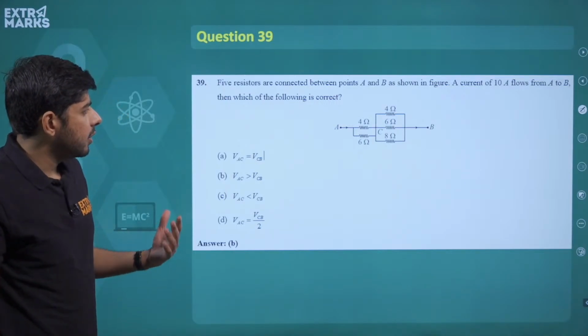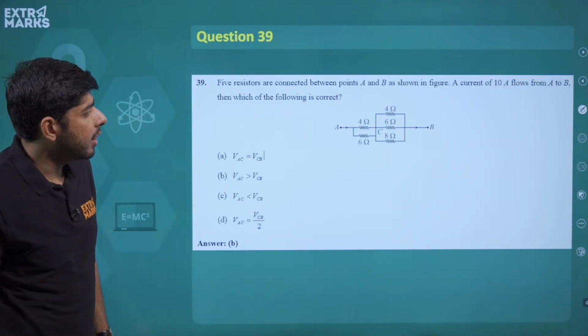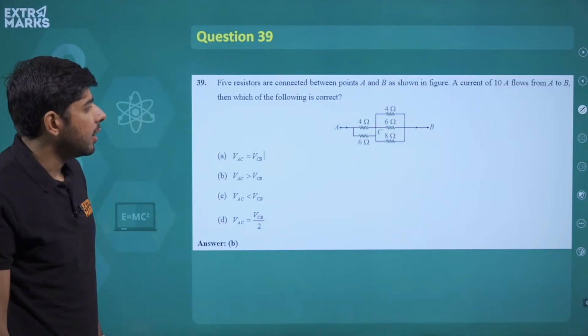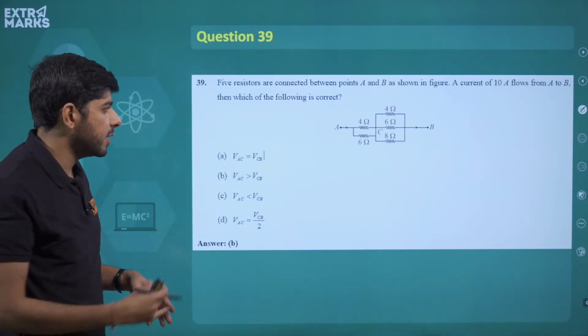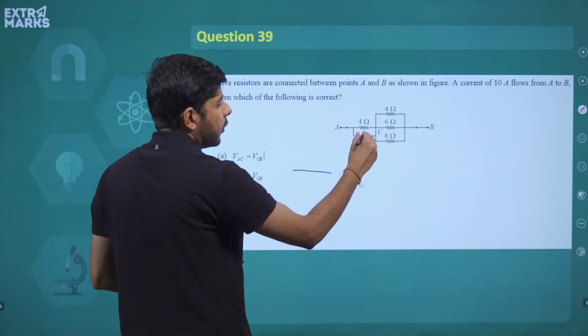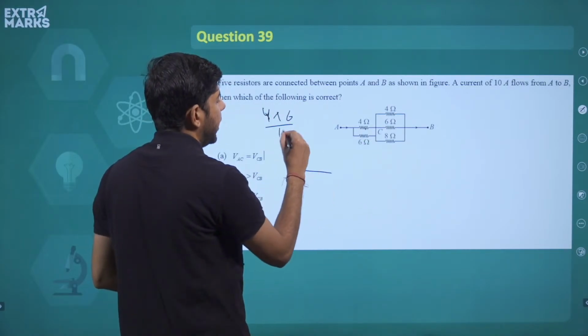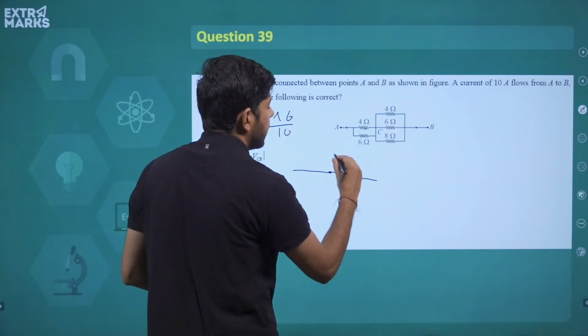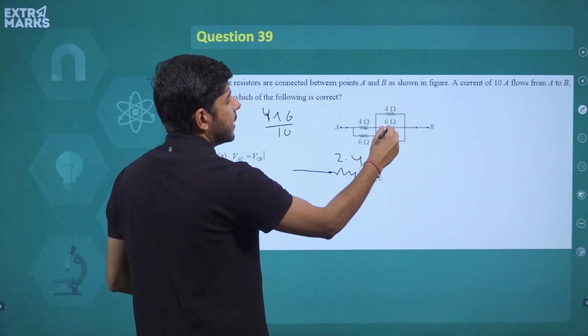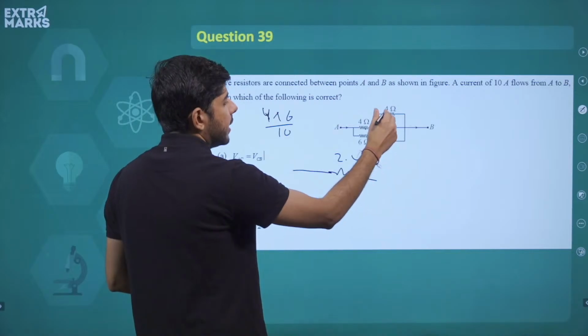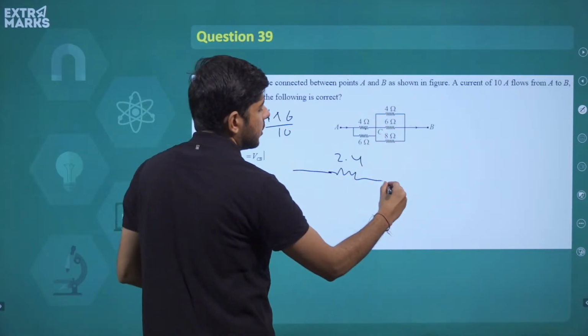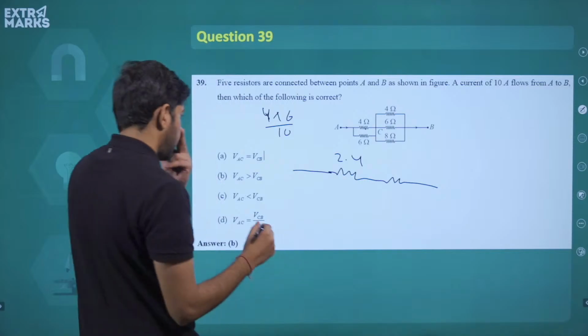Next one, between A and B, 5 are connected. 10 ampere current flows, which is correct. So guys, I can read it as 4 and 6. What is the resultant? It is 4 into 6 divided by 10, 2.4. So this is 2.4. And this is what? 4 and 6, that is 2.4, and 8 also. So this is much less than 2.4. What is that going to be?